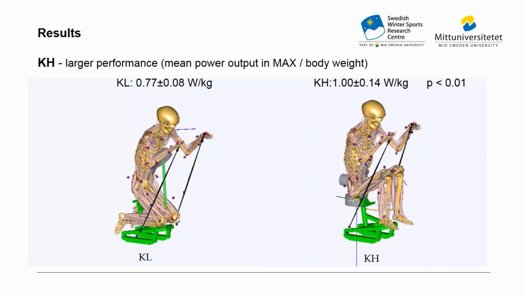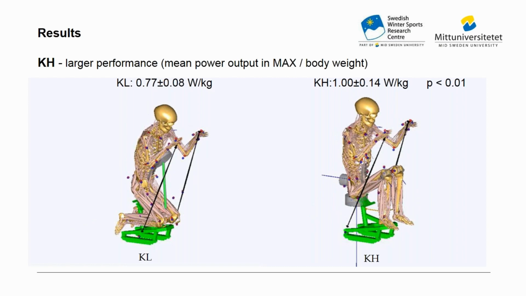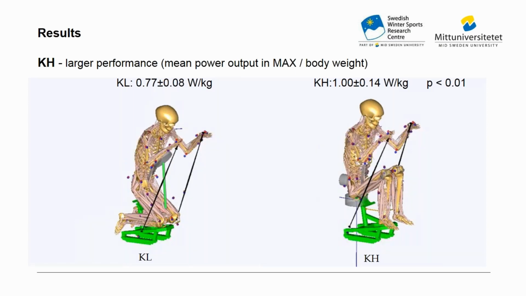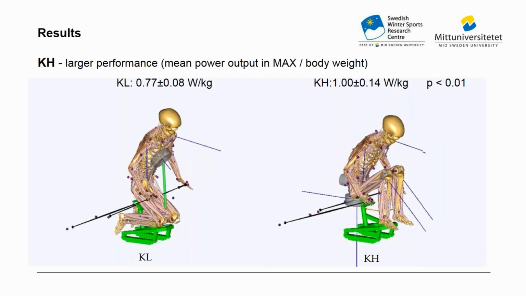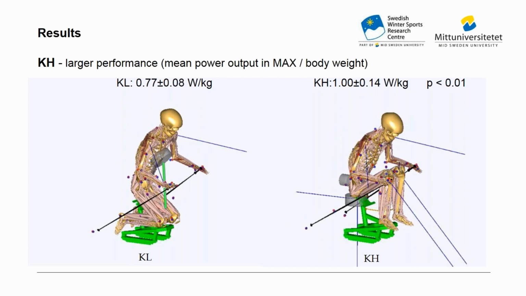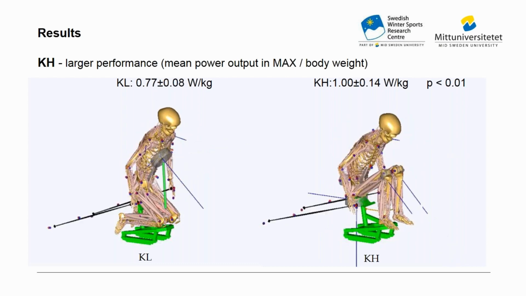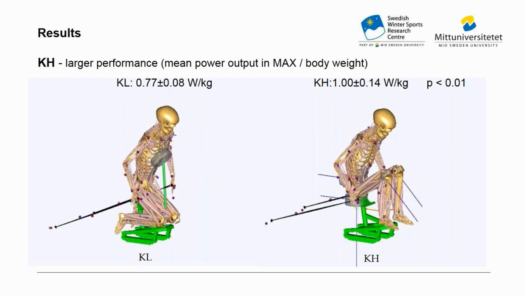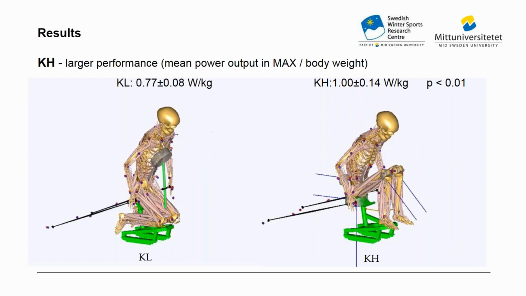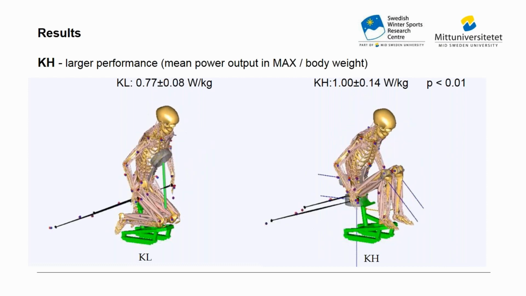And here you also see a visualization of one participant during the 37 watts exercise, left with the frontal support and right with the knee-high sitting position. And you might see there is a little more activation in the muscles, shown a little darker red around the shoulder for the KL position.